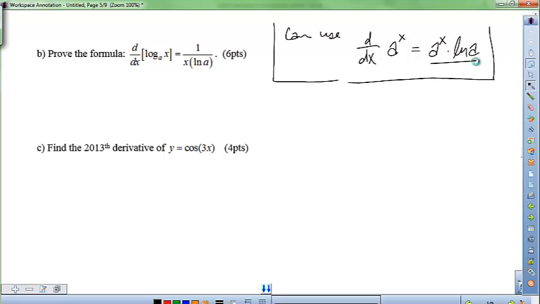Okay, we've actually used this a couple times earlier in the exam, and so this is the formula that we're going to prove.